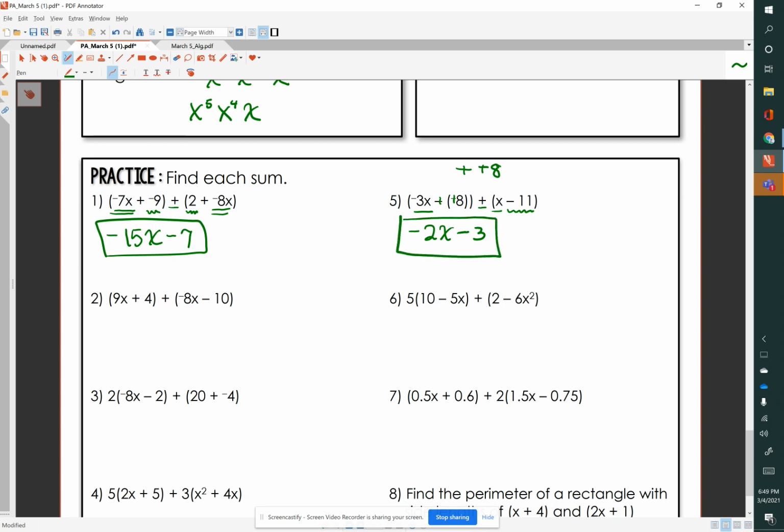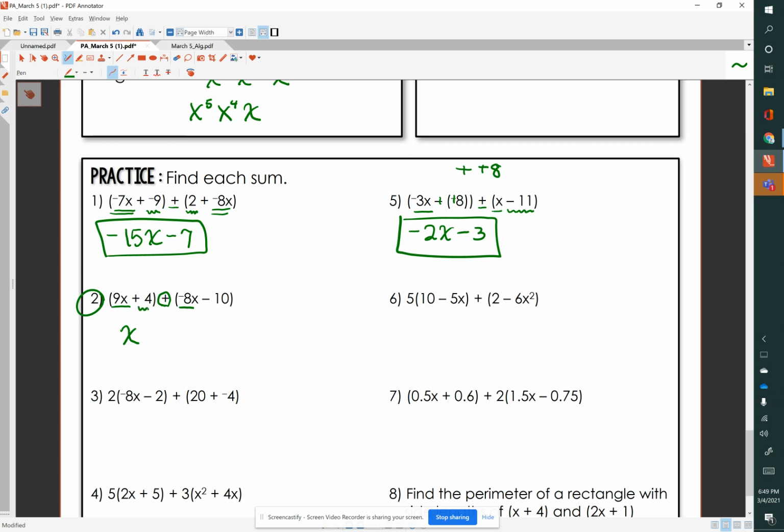Let's come over here to number 2. So we've got 9x plus 4 plus negative 8x minus 10. So 9x minus 8x is 1x. Well, the 1 is invisible. We don't write 1x, we just write x.